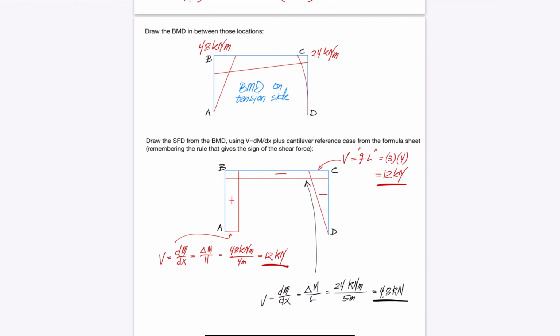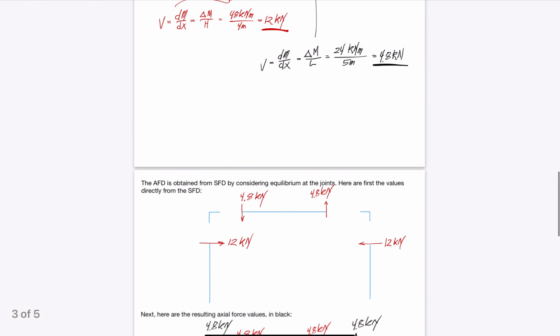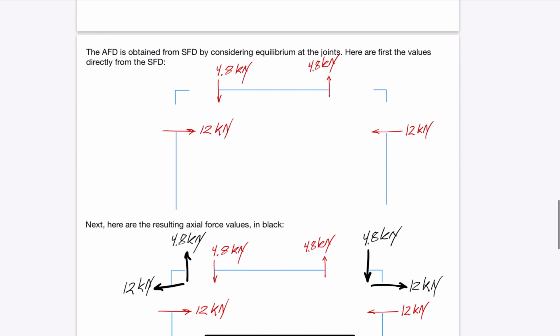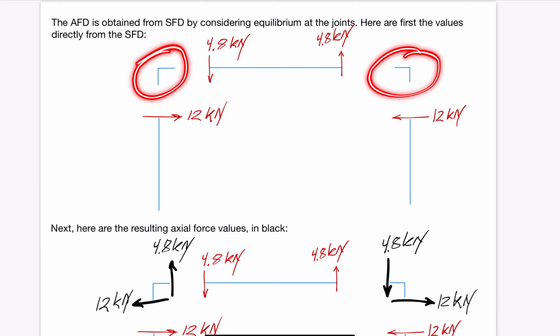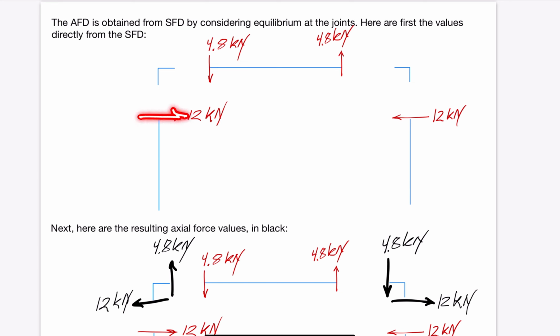Let us now take the step from the shear force diagram to the axial force diagram. For that purpose, draw the shear forces implied by the shear force diagram onto the end of each member. Notice here that the members are pulled away from the joints. That is because we'll soon consider joint equilibrium, which is what we have referred to as equilibrium at a point in an earlier video in this short course on equilibrium. Do you see how the positive clockwise 12 kN shear force in column AB gives this end force?